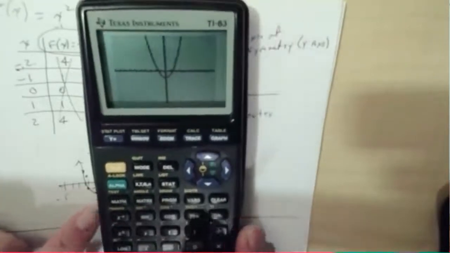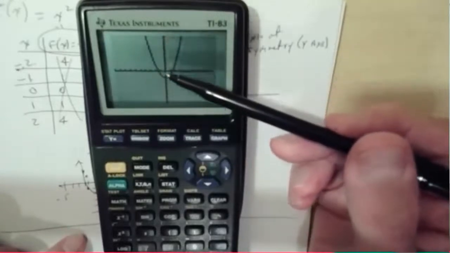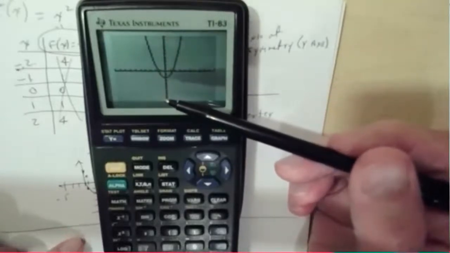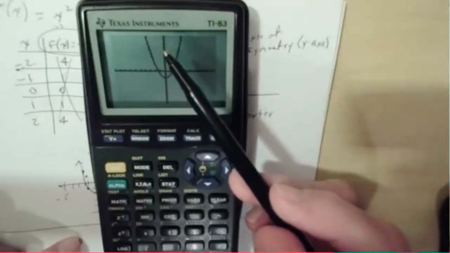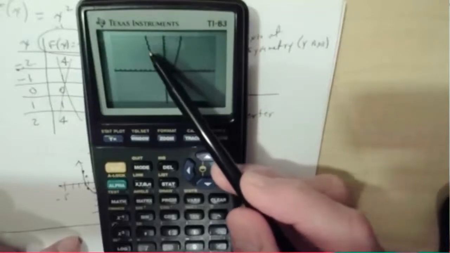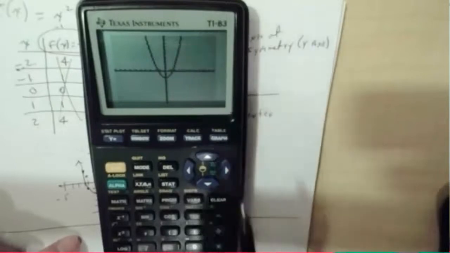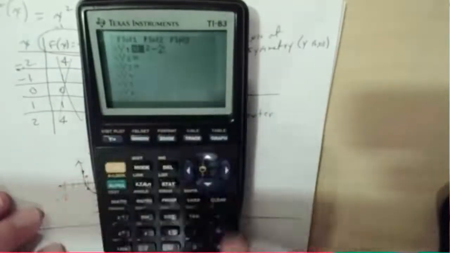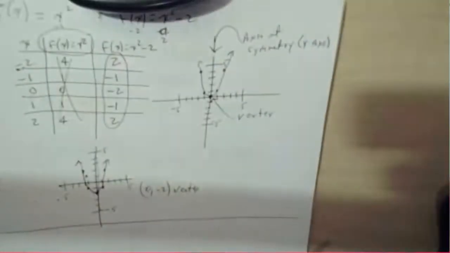And you can see now the axis of symmetry here is the dividing line between, and if you look, the distance between the axis of symmetry and here is the same as it is here. Go to y equals, clear it out, turn it off, and like that.